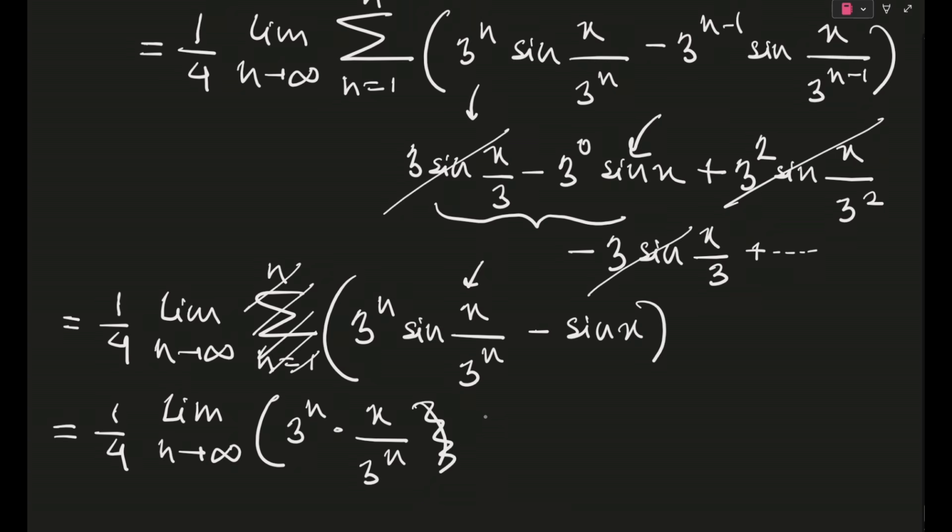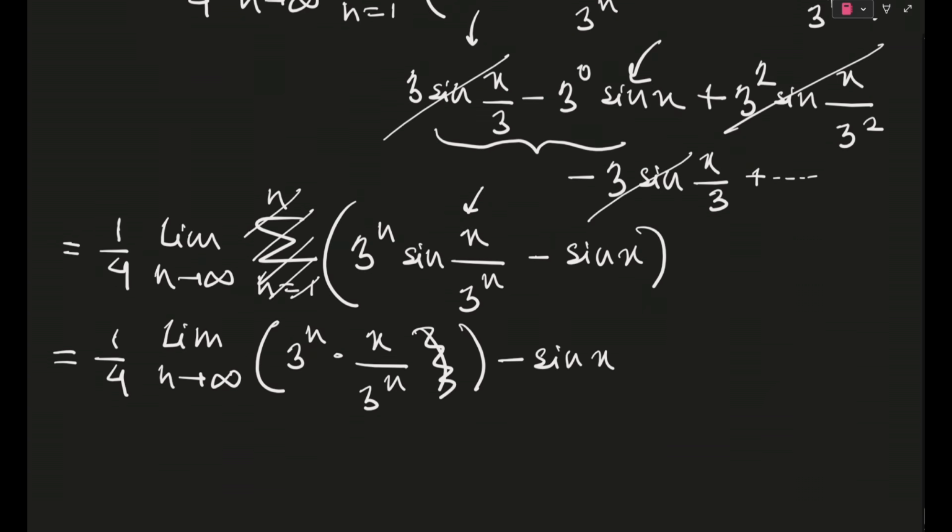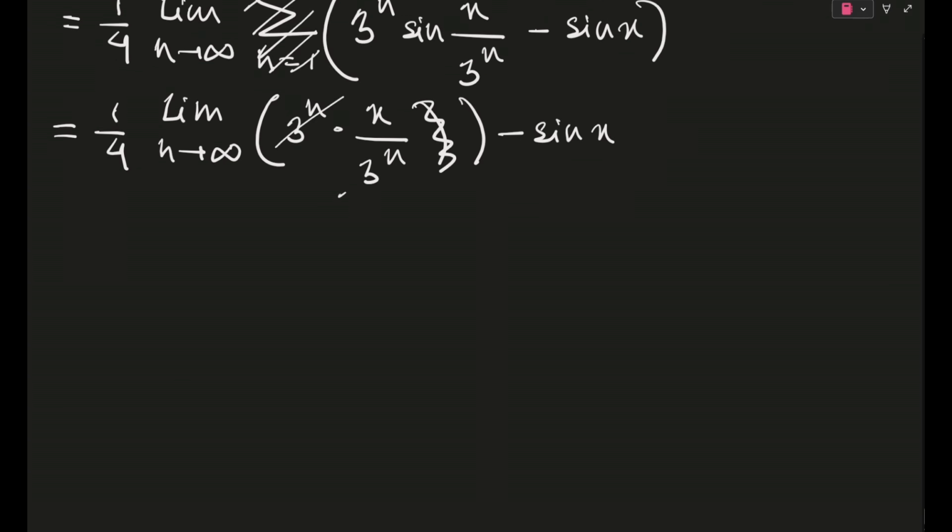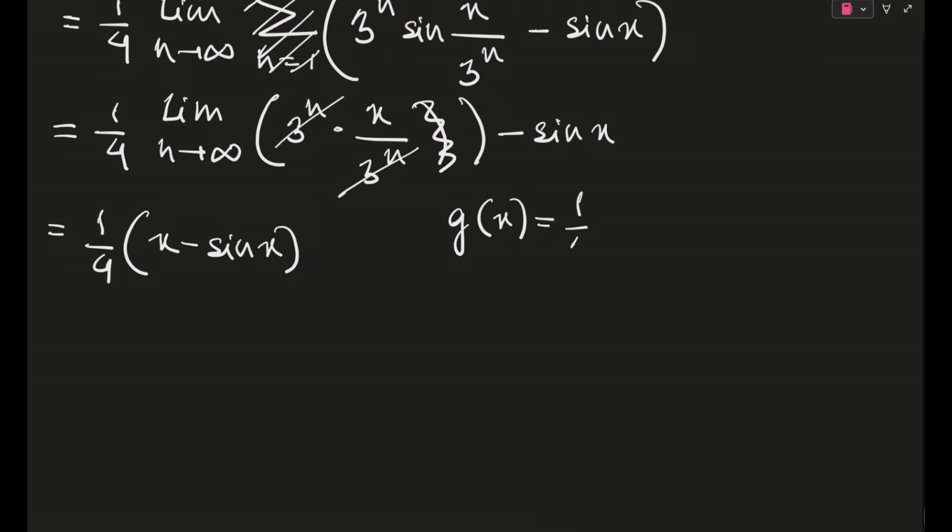And this will be minus sine x, because it doesn't have any relation with the limit. So right now things are pretty simple. 3 power n and 3 power n get cancelled. So this thing becomes 1 by 4 x minus sine x.